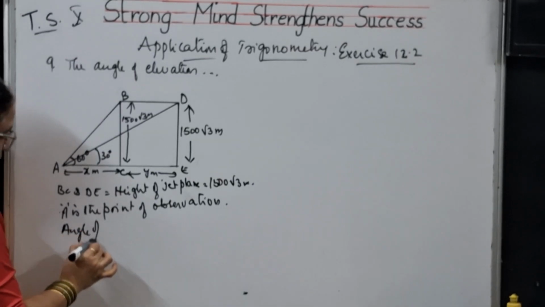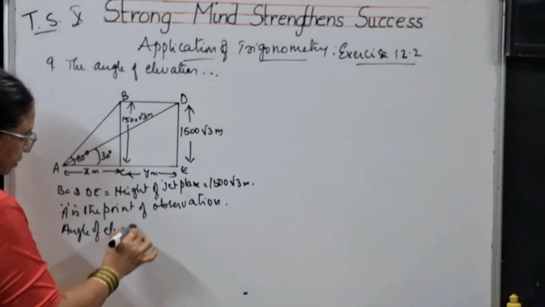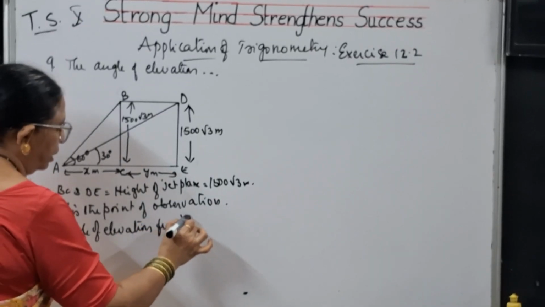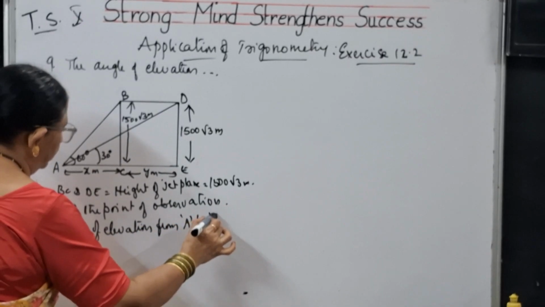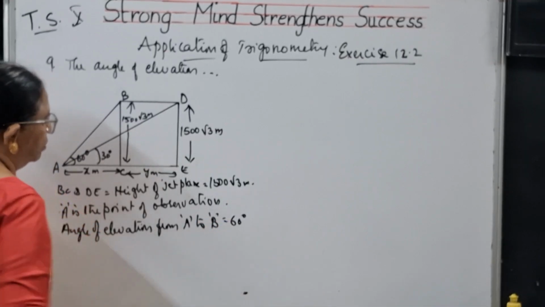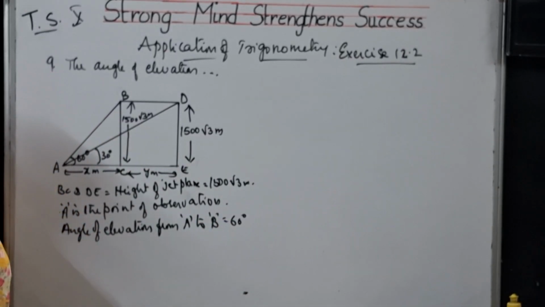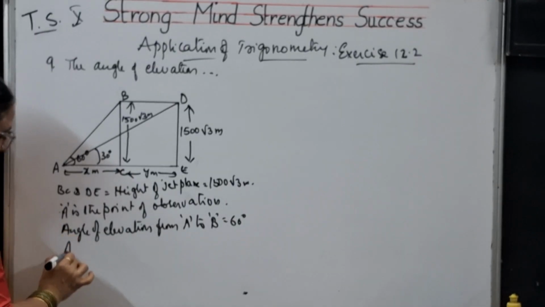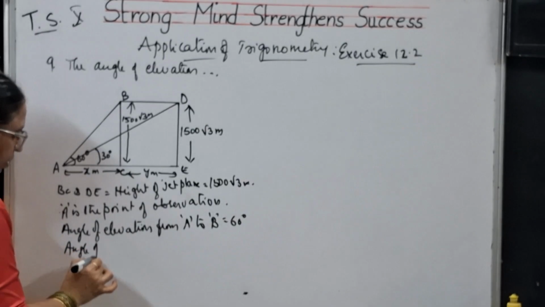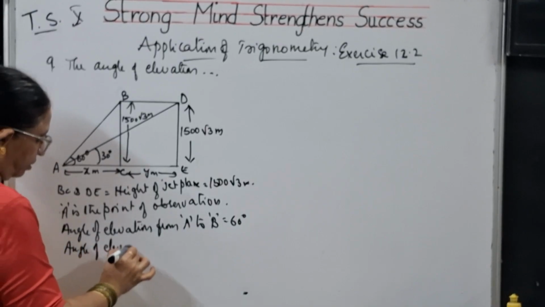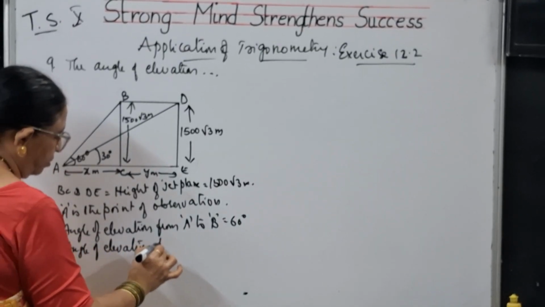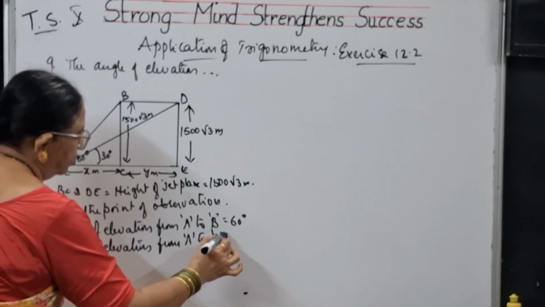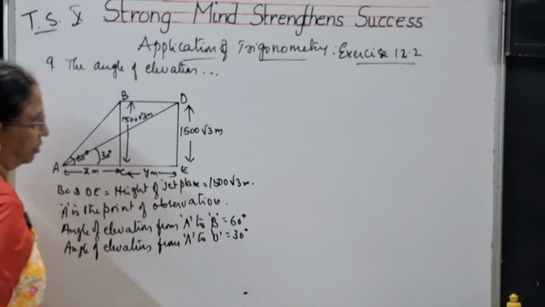So the angle of elevation from A to B is equal to 60 degrees. Then the angle of elevation from A to D is equal to 30 degrees.